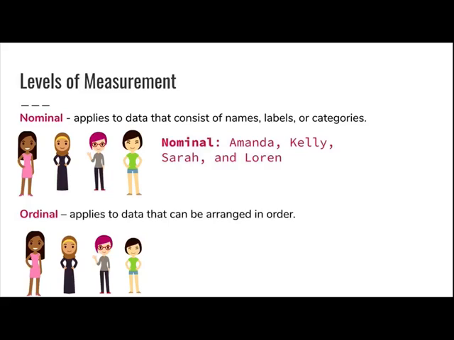Now ordinal applies to data that can be arranged in order. So I have listed the ages of these people here: 18, 21, 23, and 24. Since they're at the ordinal level, that means they can be ranked, essentially arranged in some sort of order.